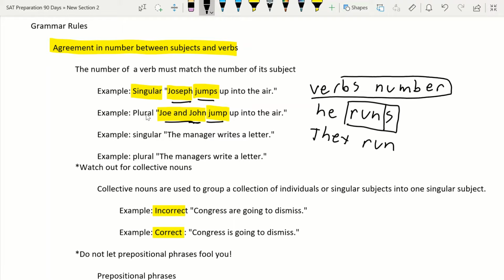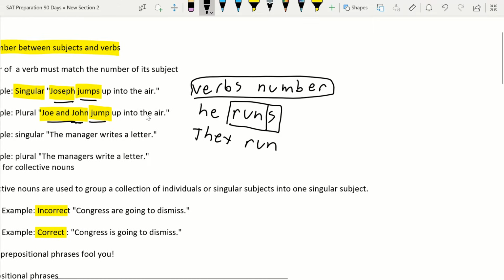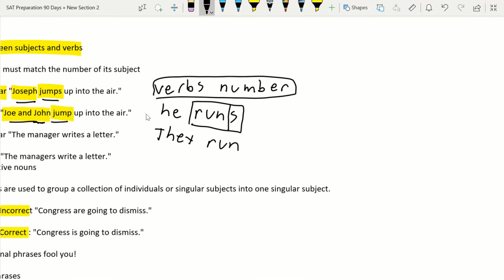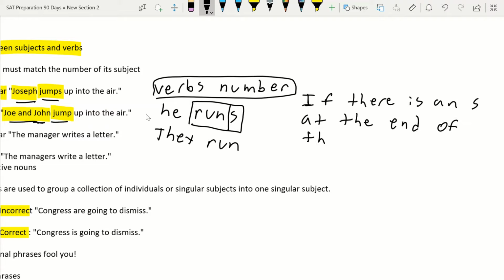So I'm actually going to write out that for you, and I would recommend putting that in your notes. So that's going to be, if there is an S at the end of the verb, and say that S can be dropped, right?